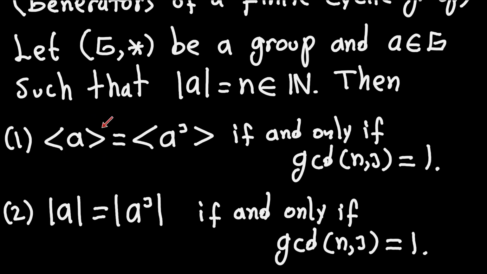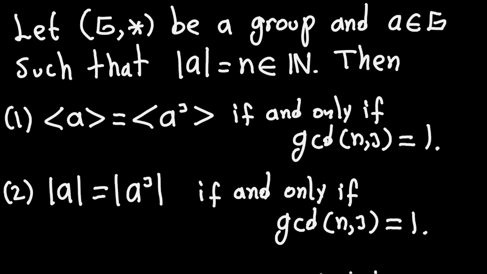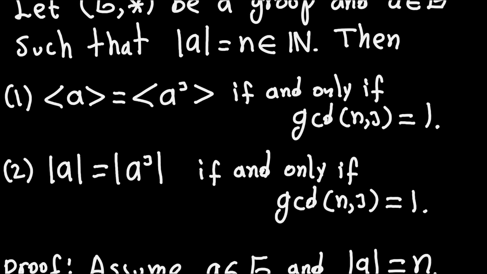The subgroup generated by a is equal to the subgroup generated by a to the j if and only if the greatest common divisor of n, which is the order of a, and j is 1. Similarly, the order of a is equal to the order of a to the j if and only if the GCD of n and j is equal to 1.